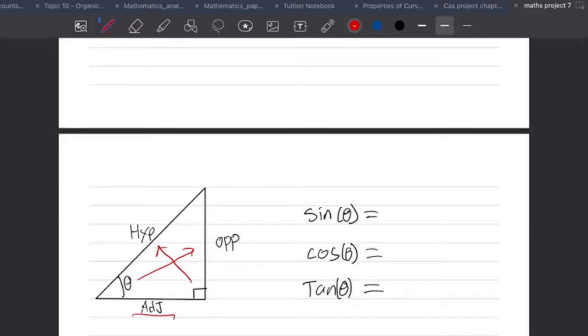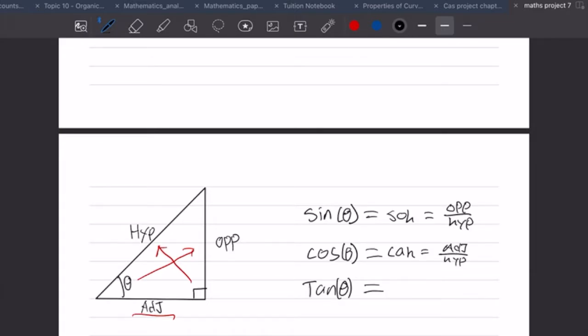So in this case, for sine theta, the formula to use you can always remember as SOH. The O stands for opposite and the H is for hypotenuse, so it'll be opposite over hypotenuse. And cos you can remember as CAH, so that will be adjacent over hypotenuse.